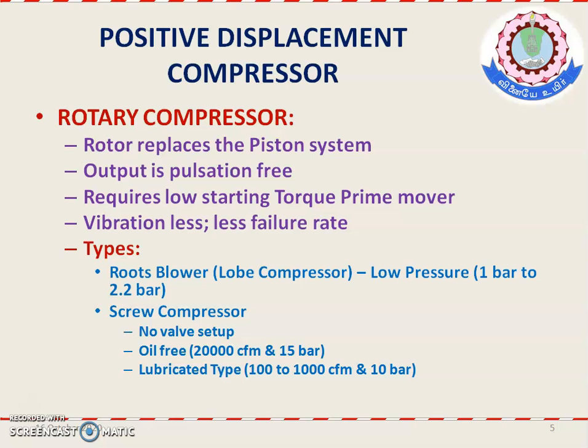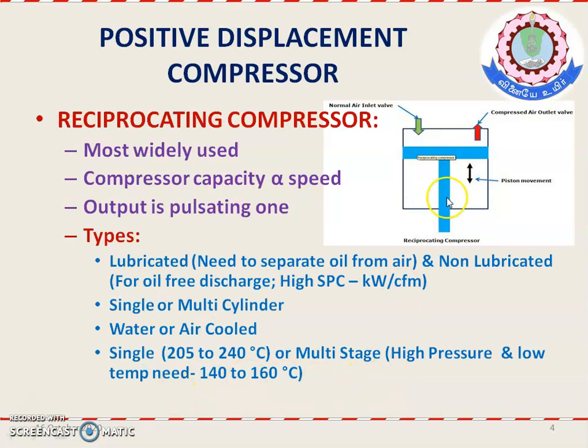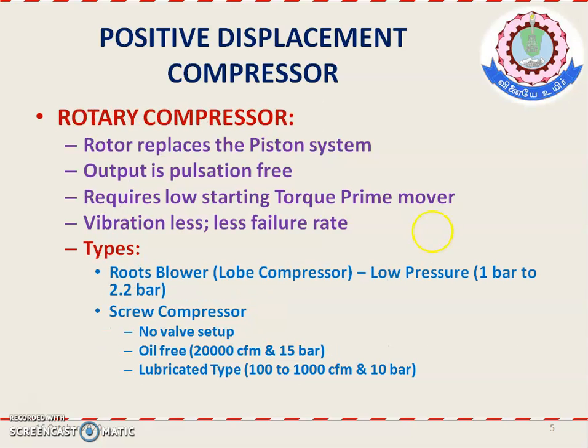And another is rotary compression. So here, the simple thing is, this piston movement is a linear movement, up and down. If you move the compressor in a screw type movement, that will be called rotary compression. Rotary replaces the piston system.